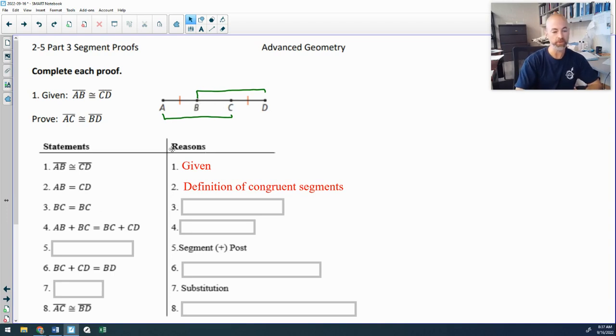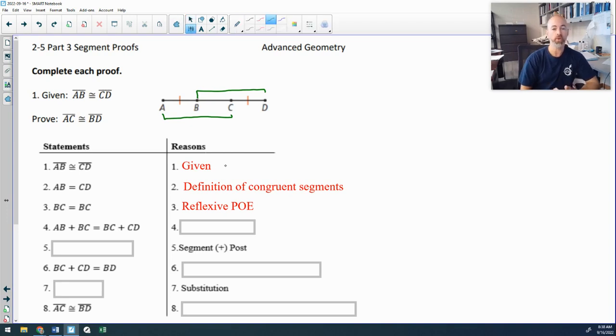Step 3, BC equals BC. That is your reflexive property. And that kind of seems like an obvious statement. But the reason that's in there is because of step 4. In step 4, we have AB plus BC and BC plus CD. On the surface, I'm thinking segment addition postulate because that's kind of what they're doing. AB plus BC, that is kind of like the segment addition postulate, but the segment addition postulate would not end with BC plus CD.